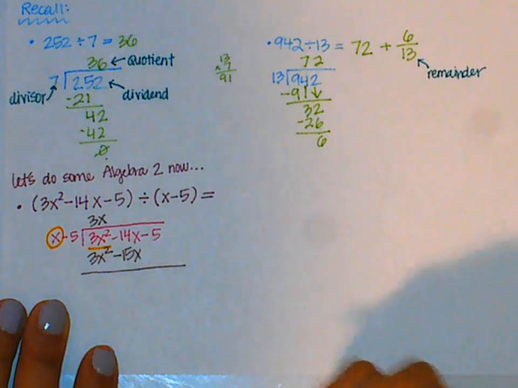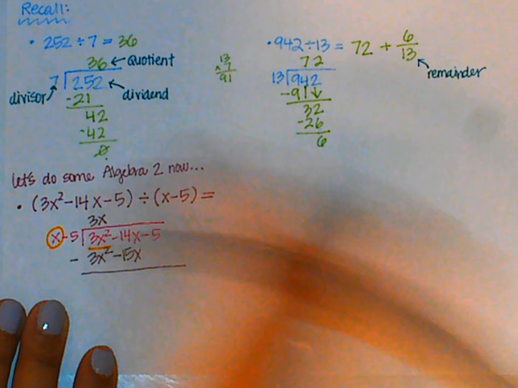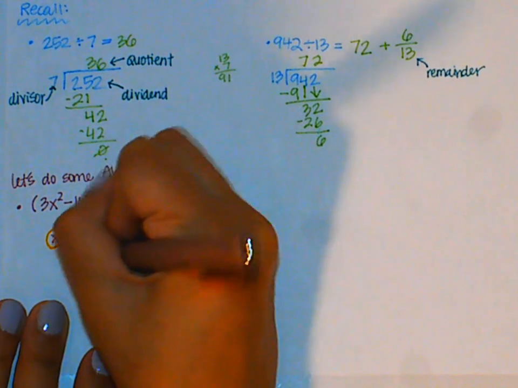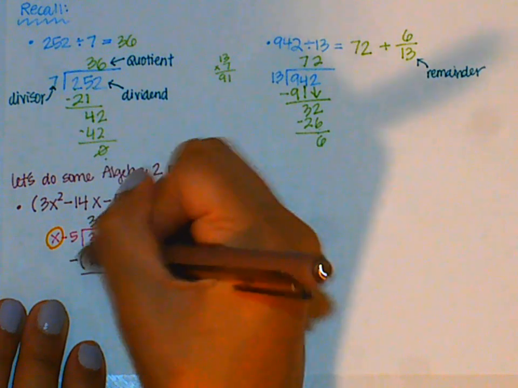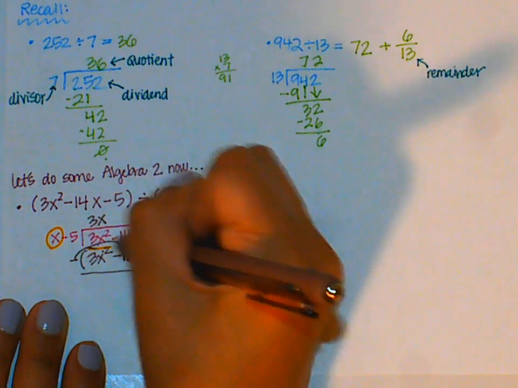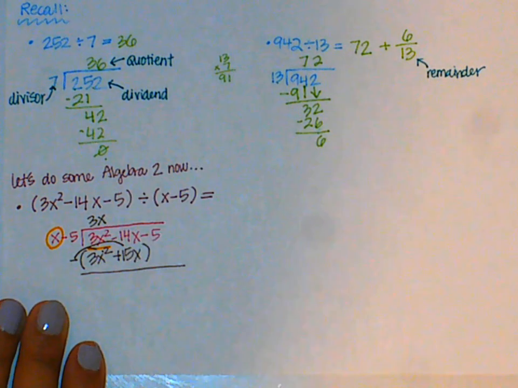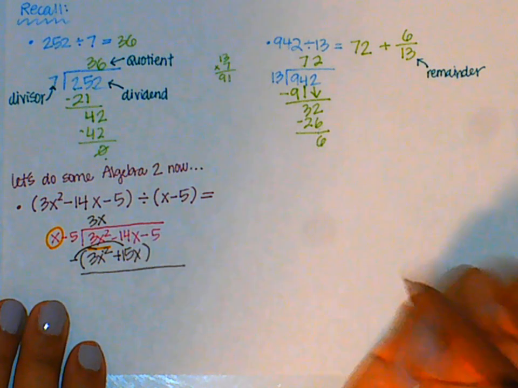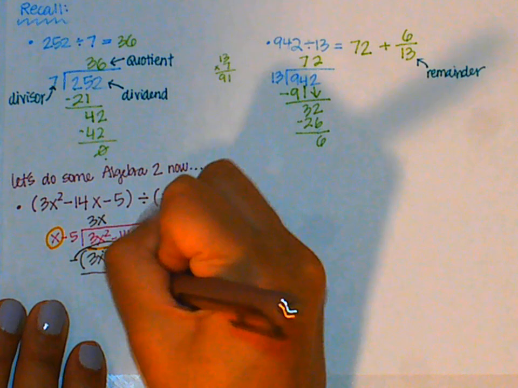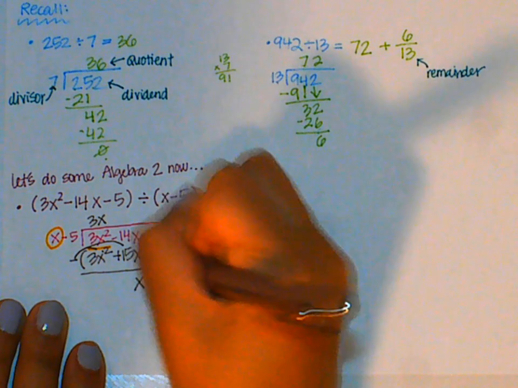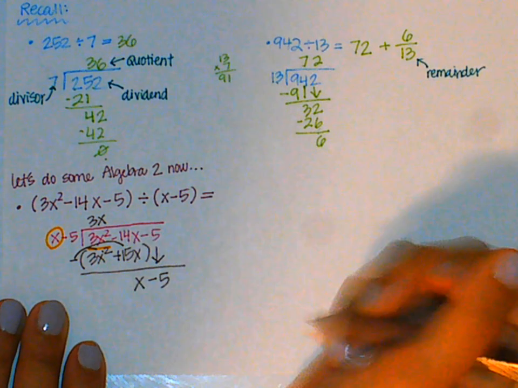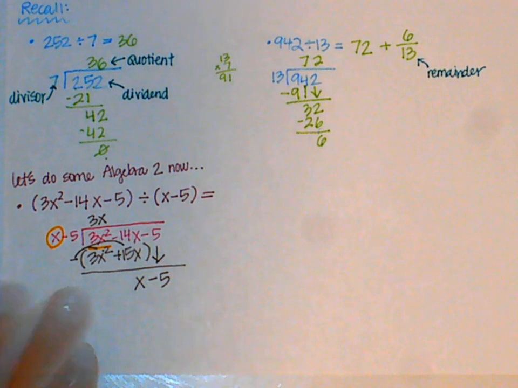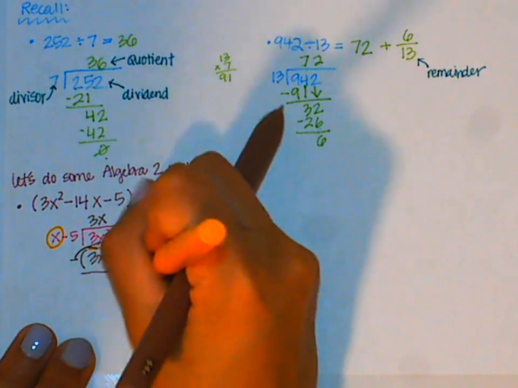Here I am going to subtract. But if I'm subtracting this whole thing, when I distribute, just like we have been doing, this would end up into a plus. So now I have negative 14 plus 15x gives me x minus 5. So now the x that I'm dealing with is this one here.